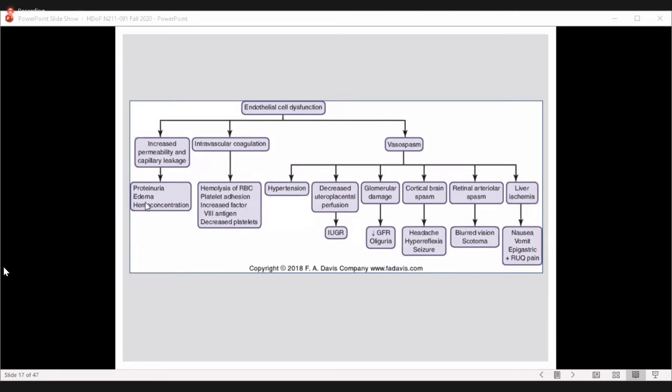We talked about hemoconcentration. You have more protein leaking out into the urine. IUGR because of the vasoconstricted placenta, so the fetus is going to be growth restricted. We talked about the reduced perfusion to the kidneys already, so that will result in oliguria.